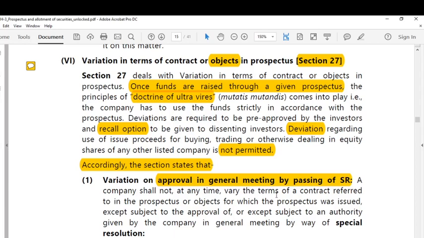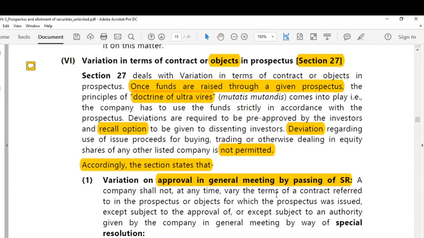So dear students, you have to understand that whenever a company issues a prospectus, it has to make use of the money raised through that prospectus only for the object mentioned in the prospectus. If it is not done so, then automatically the doctrine of ultra vires will get attracted.